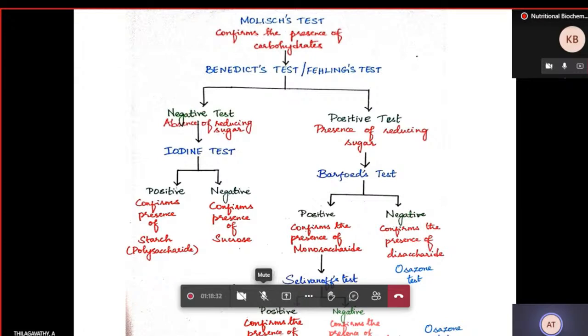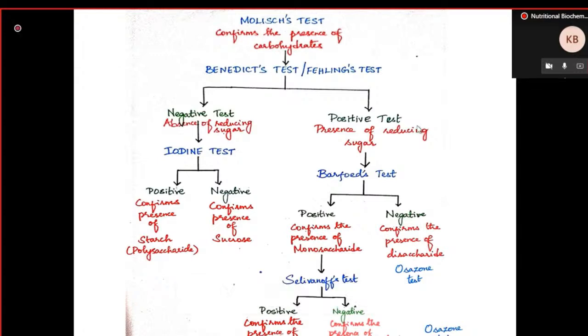Okay, now we have to divide based on the result. If you are getting a negative test, what are the non-reducing sugars? Monosaccharides, are they non-reducing? No. Disaccharide, which is non-reducing? Sucrose. And polysaccharides, are they non-reducing?